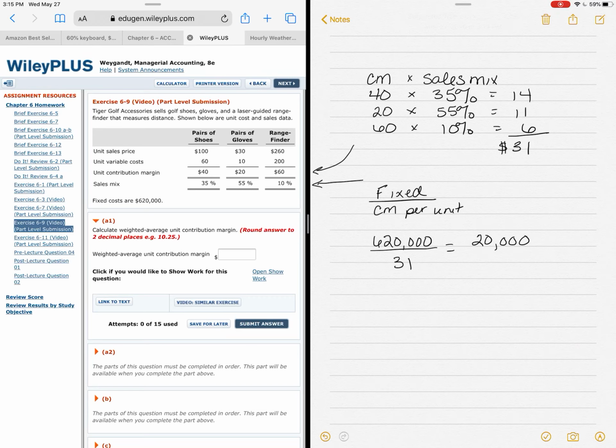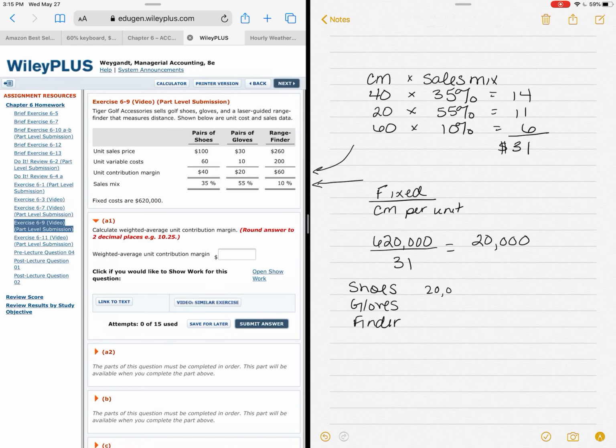Now I'm going to use that sales mix again to break this back apart to determine how much of each product I need to sell. So I have shoes, gloves, and this range finder.